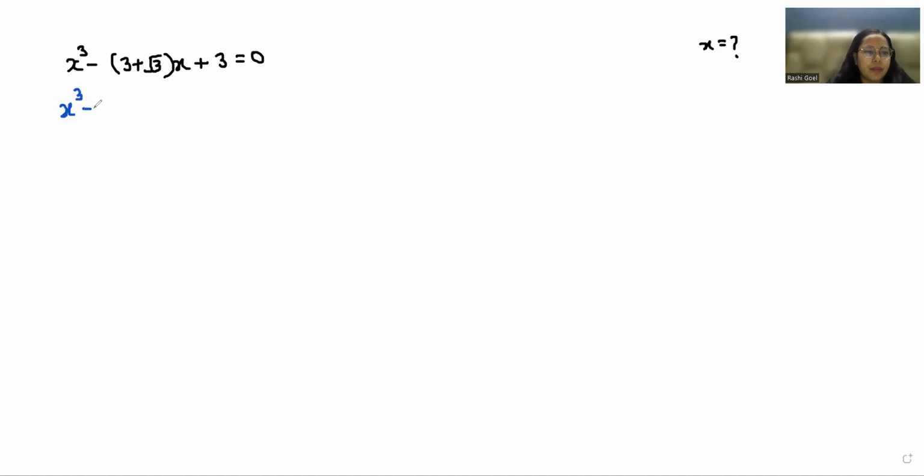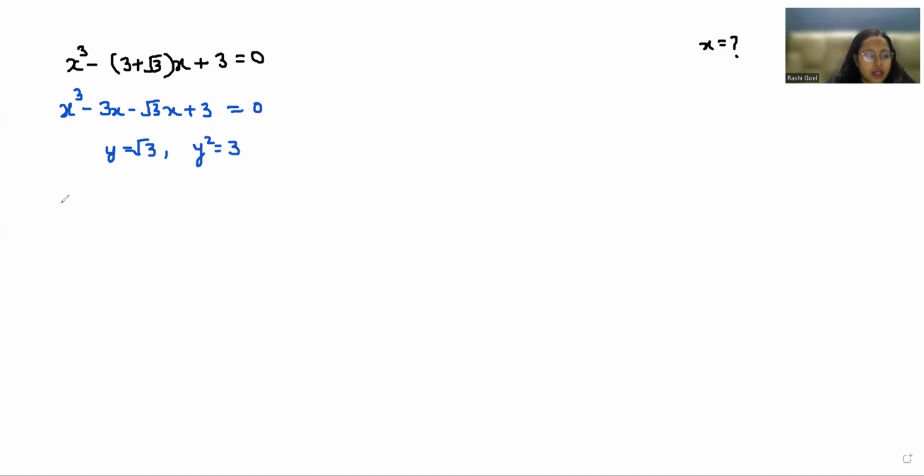So x cube minus, if you multiply this, 3x minus root 3x plus 3 is equal to 0. Now I am going to take the substitution and put y equal to root 3 and y square equal to 3.